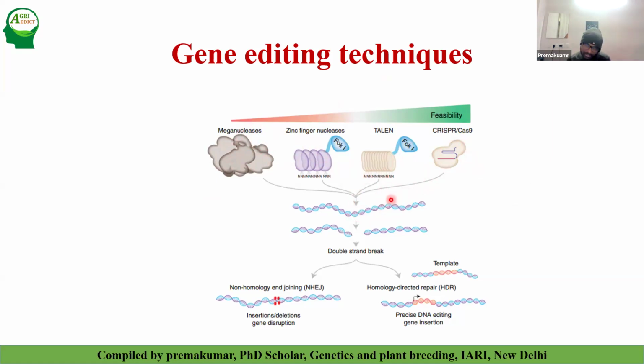That is called off targets. Off targets will be very few in the case of CRISPR-Cas9. That's why it is more precise with fewer off targets. And designing RNA is much easier than designing a protein. That is one of the greatest advantages of CRISPR-Cas9 based technologies over the other technologies like meganuclease, zinc finger nucleases, and TALEN.